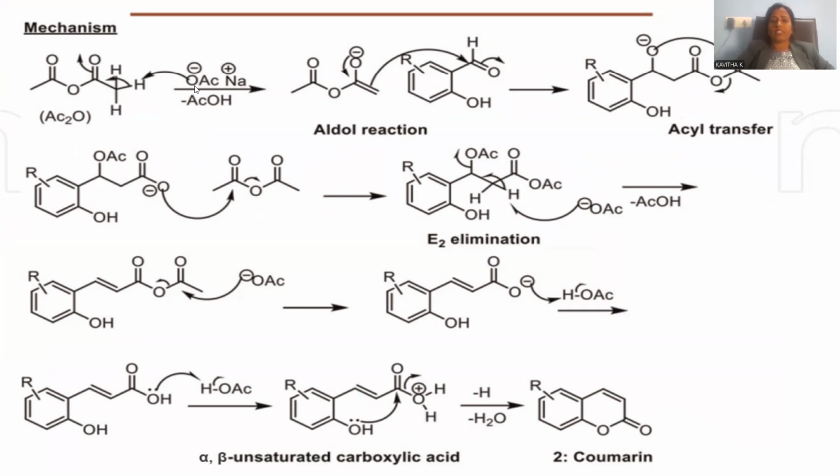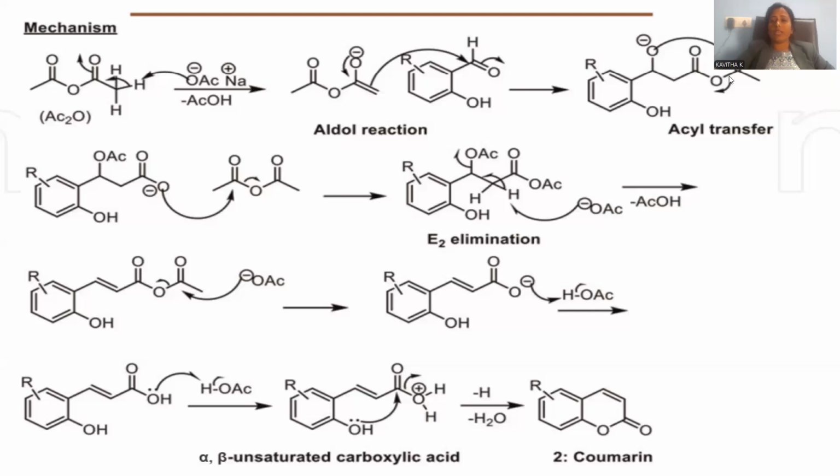In the presence of sodium acetate, acetate is a stronger base that pulls off this H positive, giving rise to a carbanion. The carbanion is resonance stabilized by the adjacent carbonyl functionality, and the generated carbanion is able to add to the aldehyde by the aldol condensation process, so that a new carbon-carbon bond originates, which is acetyl, participating in the acetyl group transfer from one oxygen to another oxygen atom. So that here OAc is generated.